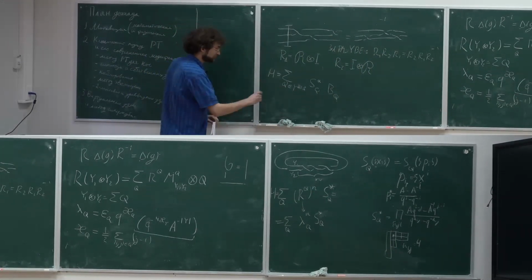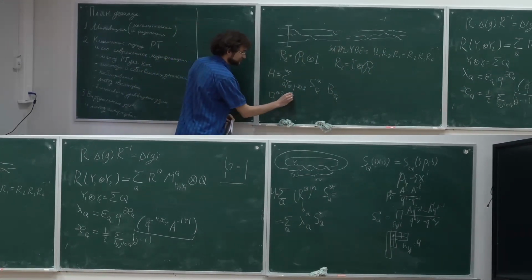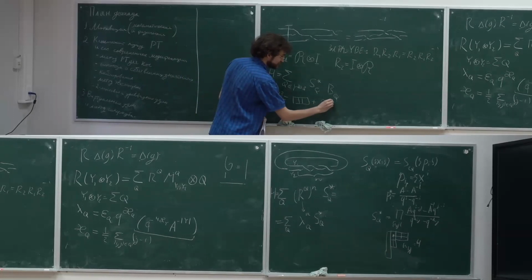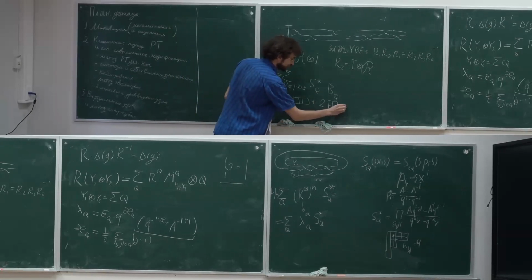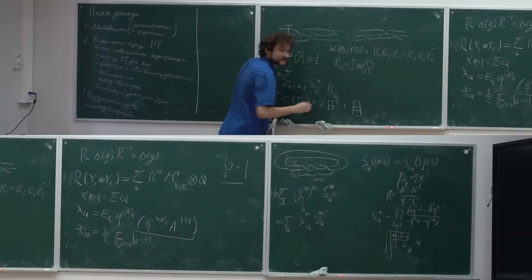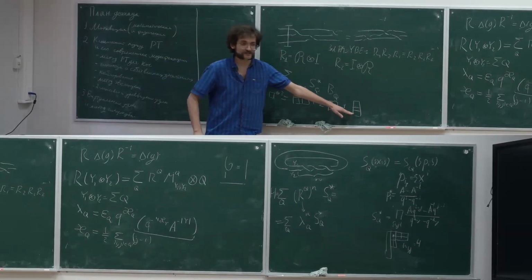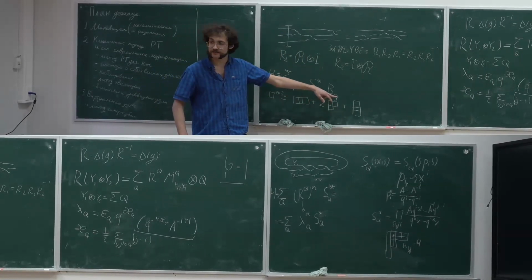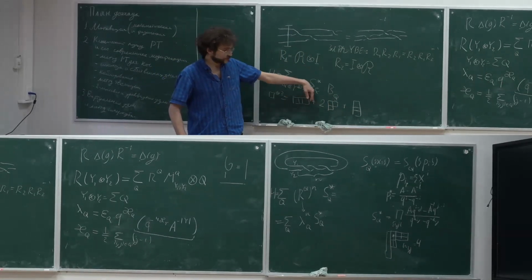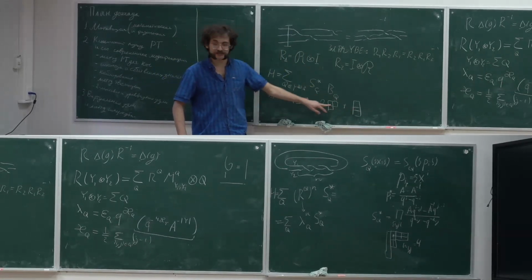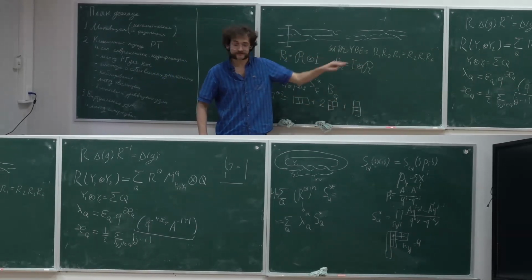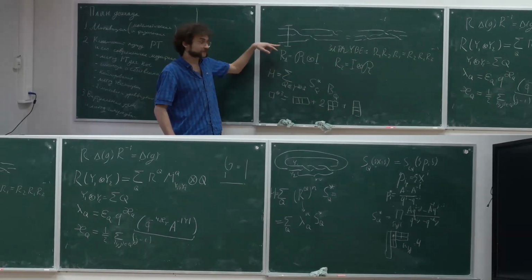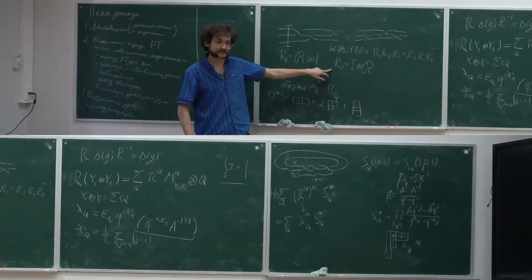So for example, if I take the final representation, then I will get this one plus 2 times this one plus this one. So here and here, the space of highest weight vectors is just 1 by 1, and so these matrices are just the eigenvalues. But here the situation is a little bit more complicated because I can diagonalize, for example, R1, but I cannot diagonalize R2 at the same time.